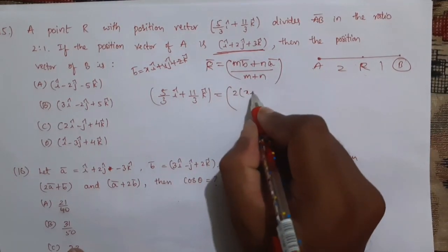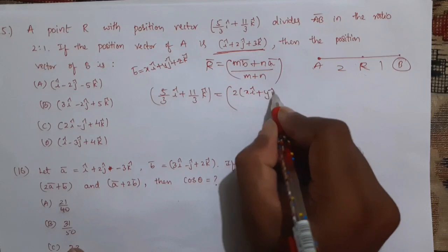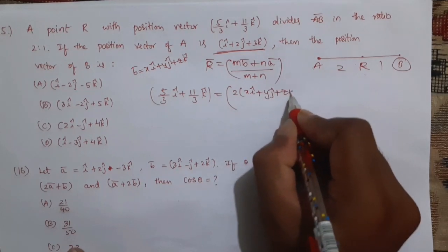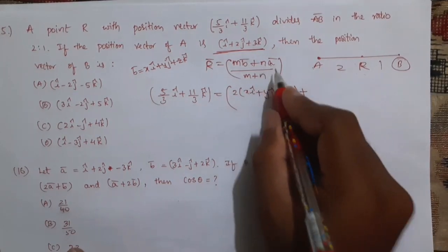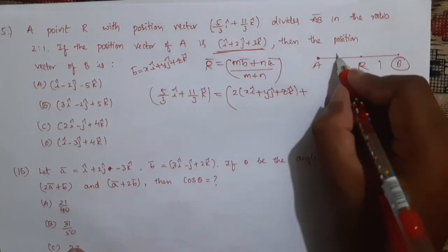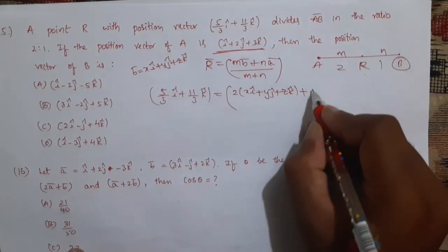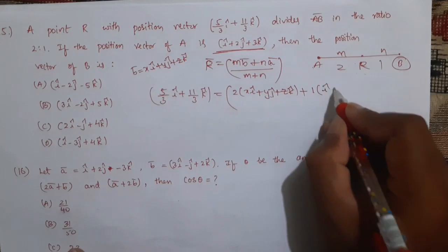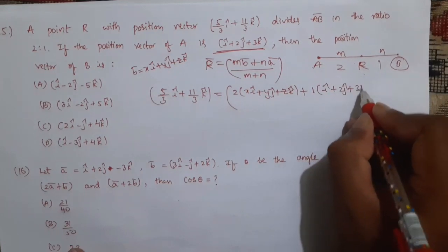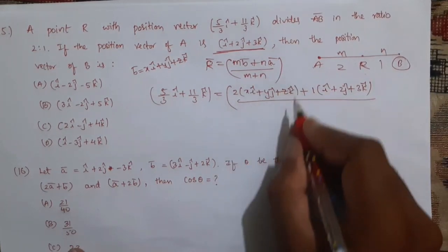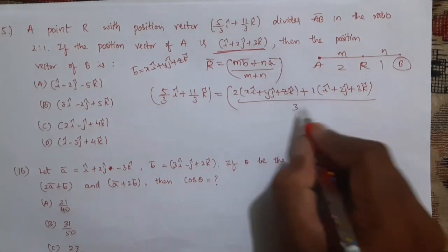So this will become 2 times (x I cap plus y J cap plus z K cap) plus N times A bar. N value is 1, this is the M value and this is the N value. So 1 into A bar, which is I cap plus 2J cap plus 3K cap, divided by M plus N, that is 2 plus 1, 3.